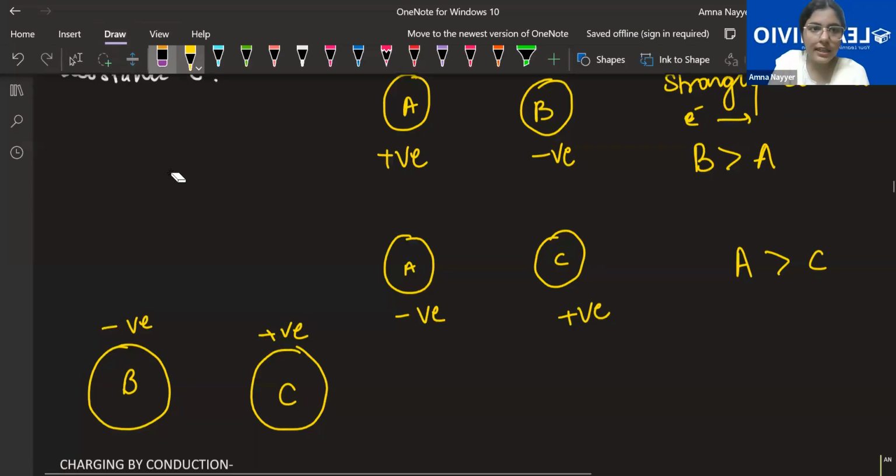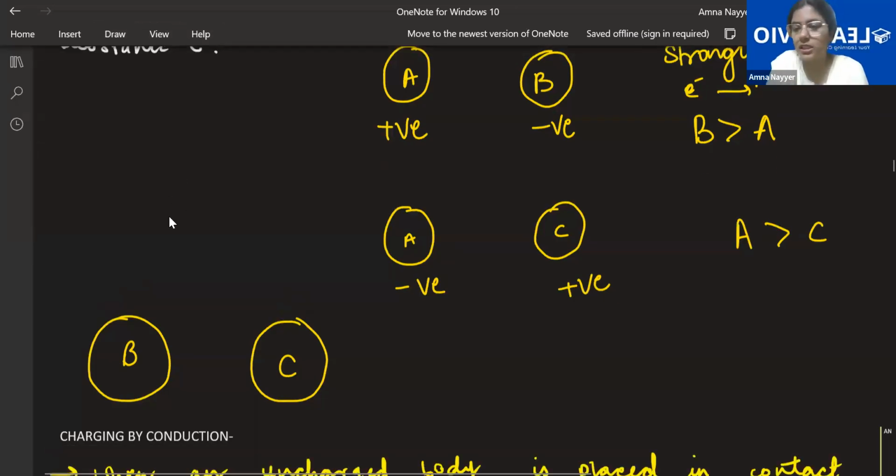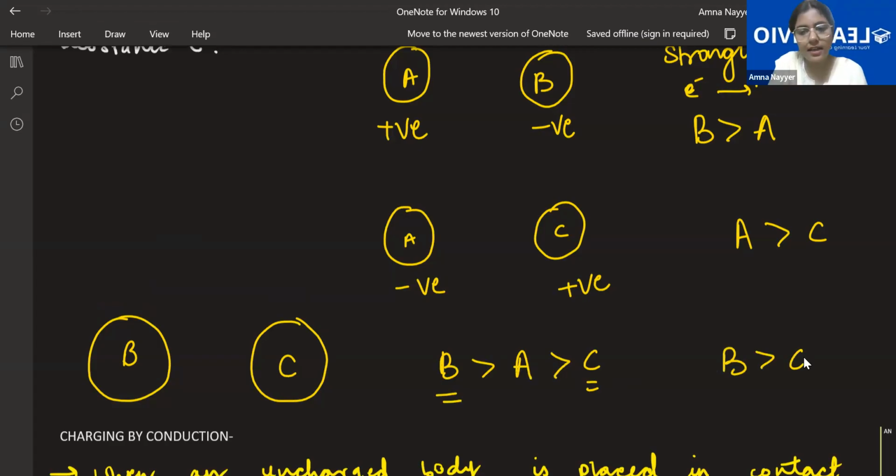But now it is saying they are rubbed, so we don't know which is positive, which is negative. In order to determine the signs, if I use this data, B has stronger electrons than A, and A has stronger electrons than C. So if I just compare B with C, B has stronger electrons than C. That clearly shows from this comparison.